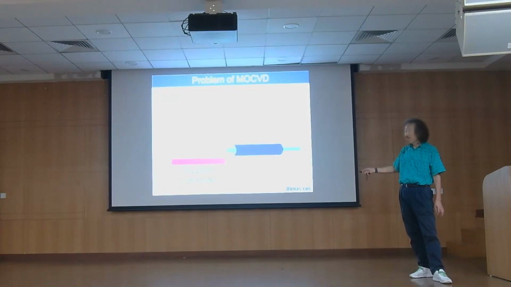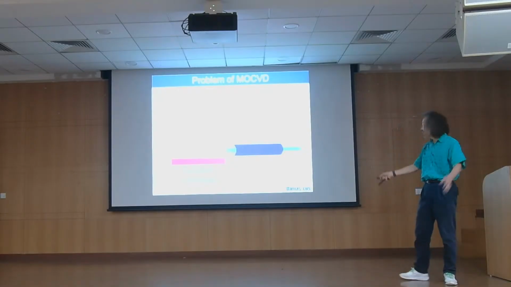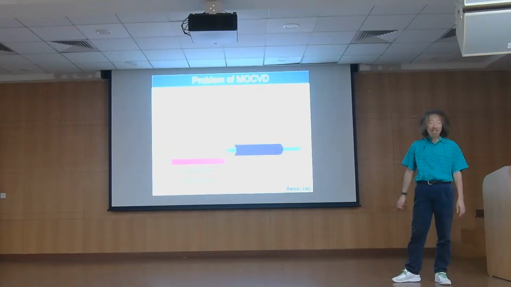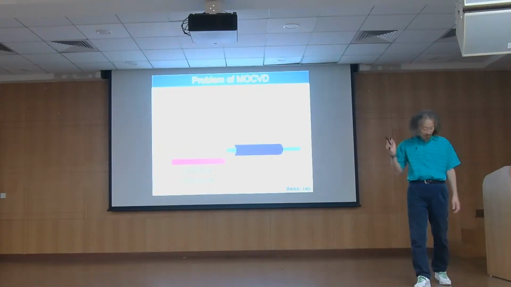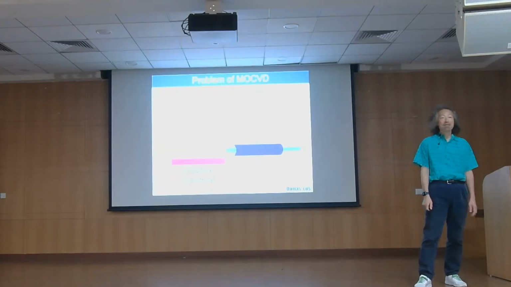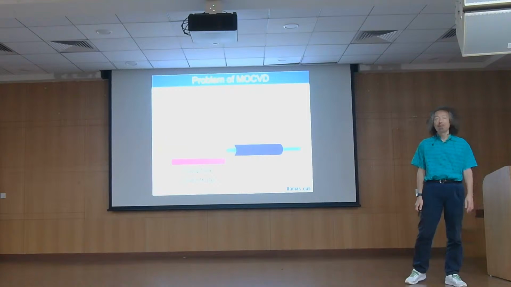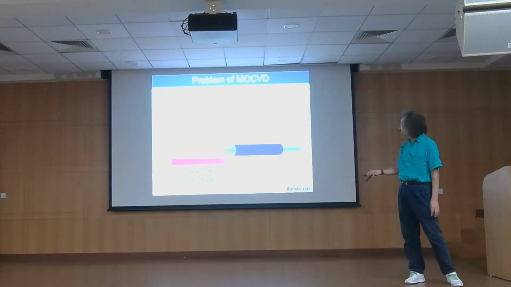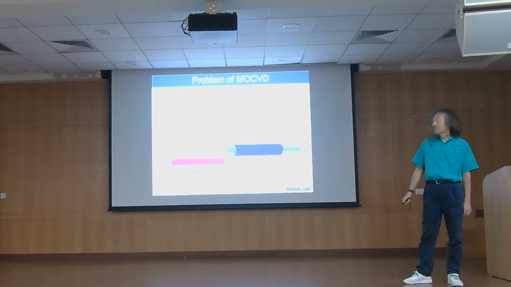They provide reactant gas and expect that this gas touches the sapphire substrate and accumulates over it to make a good crystal film of the blue laser diode. Those three guys received the Nobel Prize for their contributions to the blue laser diode fabrication. So this is what they had been working on.